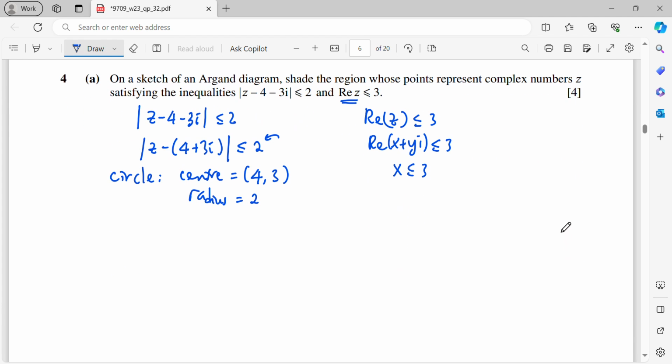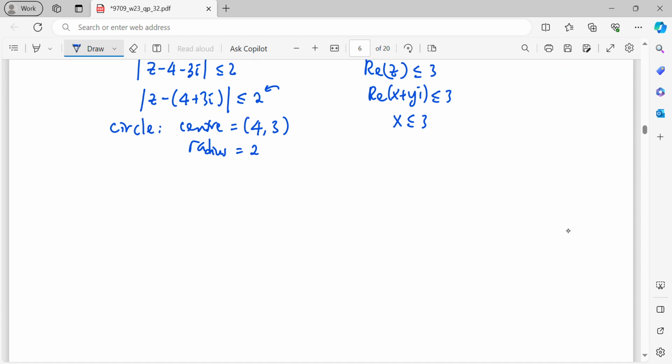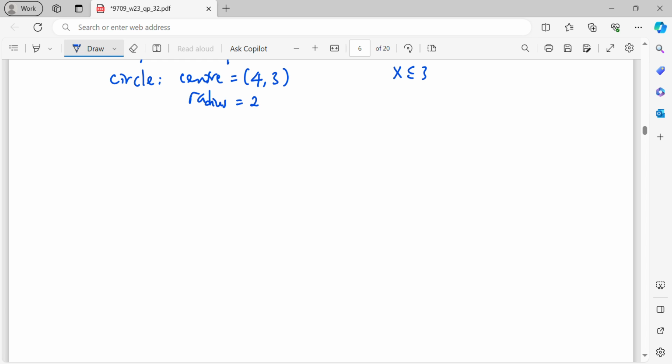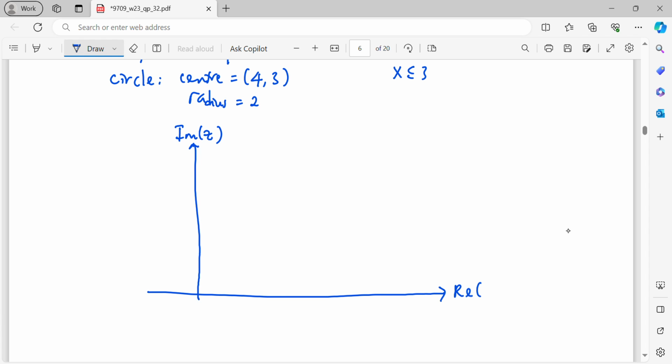So now we have to sketch the circle. Let's say this is the imaginary axis and here is the real axis.